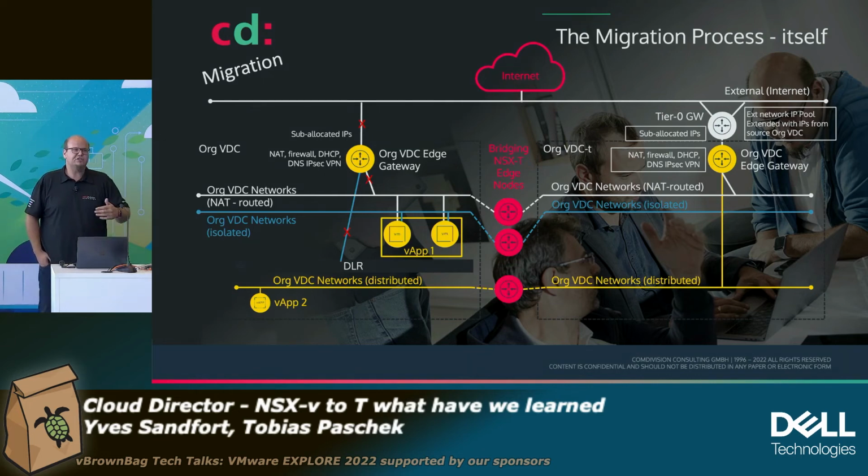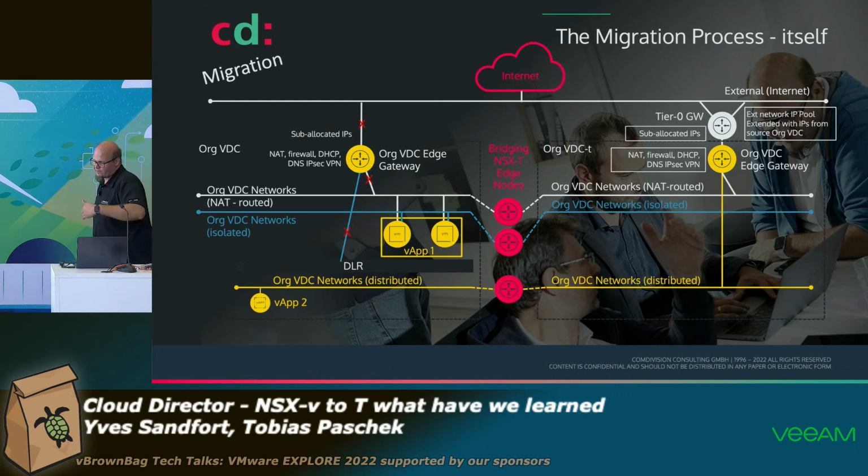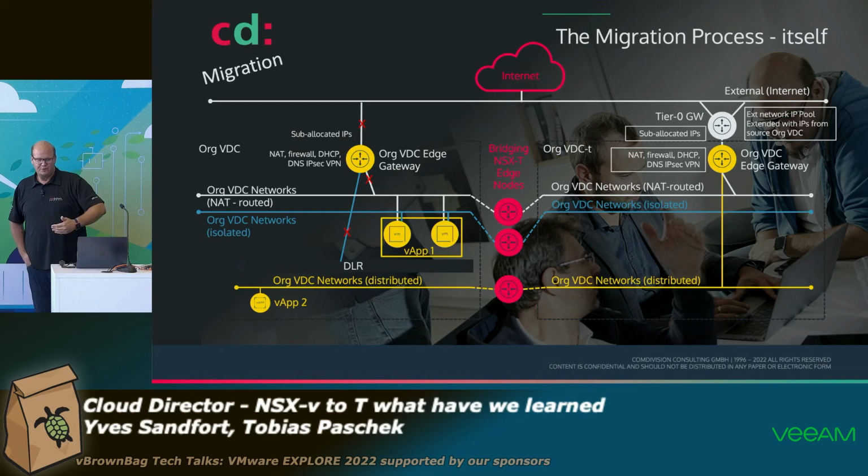The second phase is just a vMotion from the OVDC backed by NSX-v to the new organization VDC or to the new provider VDC running on top of NSX-T. Also here, it depends what you would like to achieve.